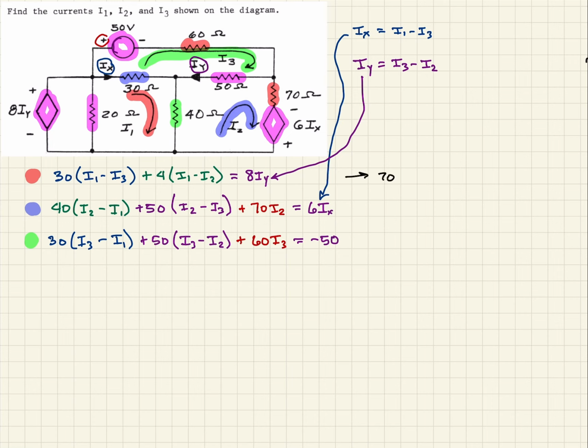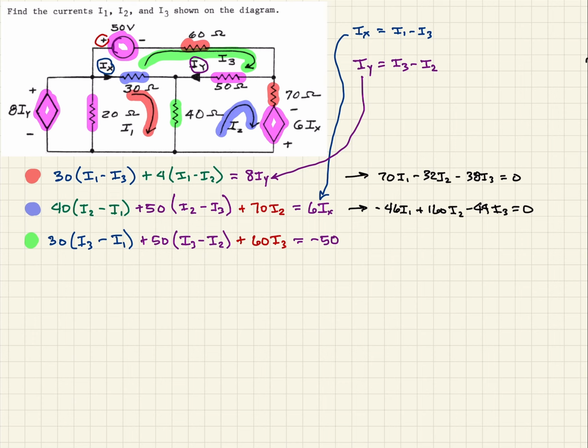When we do that, we'll have 70 I1 minus 32 I2 and minus 38 I3, and this should all equal 0. The next equation for the blue mesh or I2 loop, we should get minus 46 I1 plus 160 I2, and then minus 44 I3, and that should equal 0.